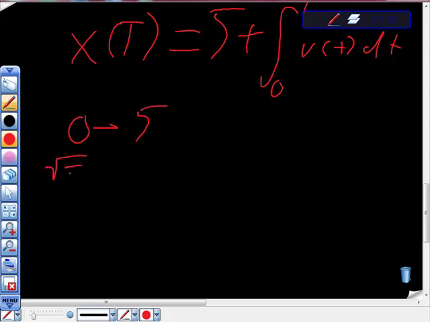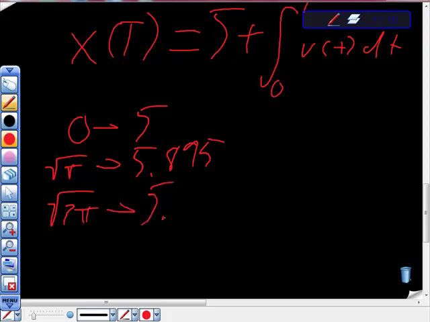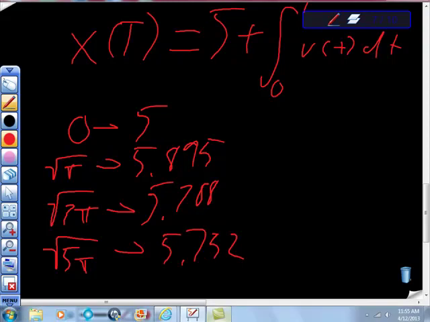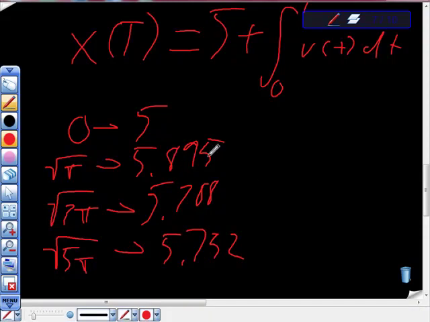Square root pi gives us 5.895. Square root 3 pi gives us 5.788. And square root 5 pi gives us 5.752. The one that's furthest right, as we can see, is square root of pi.